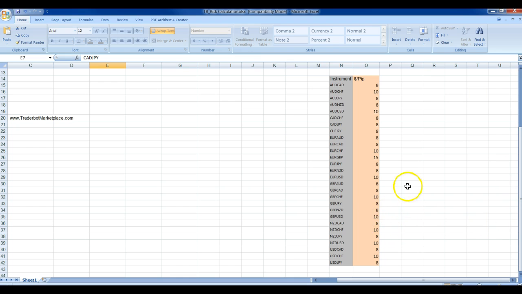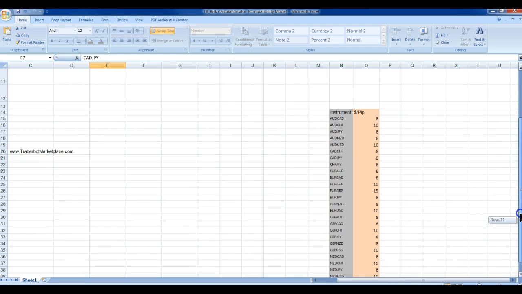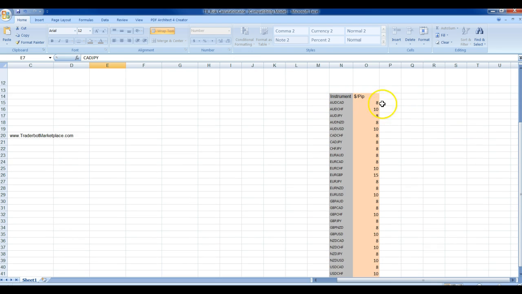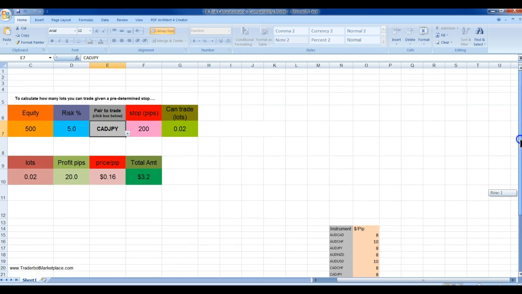It depends on the broker. So I just rounded all these up. So Aussie CAD's worth $8 a standard pip. Aussie Swiss, Aussie Yen's worth 8. You can see all these, what they're worth per pip.